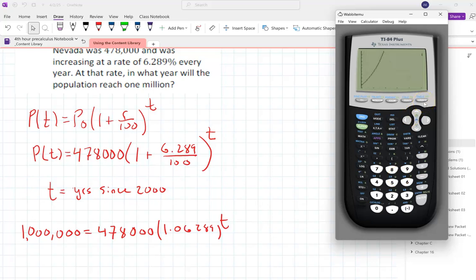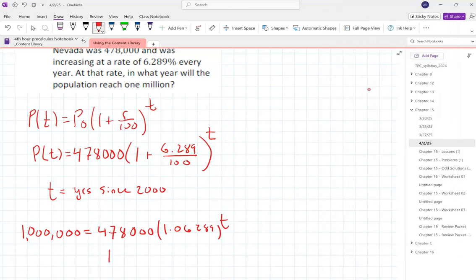There's my population curve. There's my 1 million line coming in. There it is. Just going to find the intersection, second trace, intersect command, enter, enter, enter. So T is 12.1. And remember, T is the years after 2000.